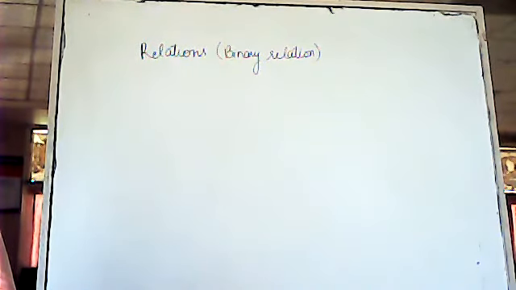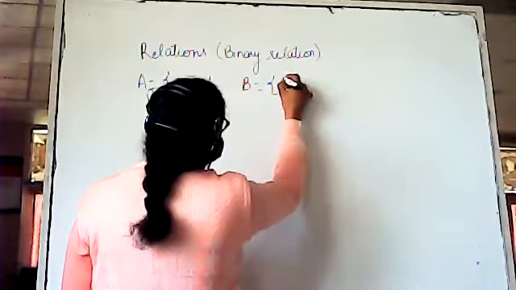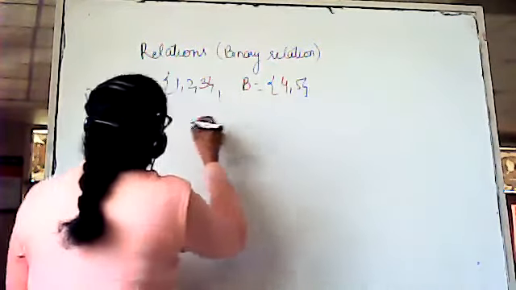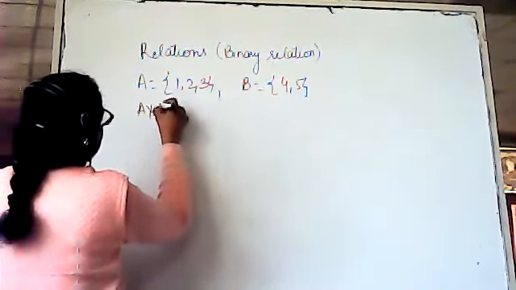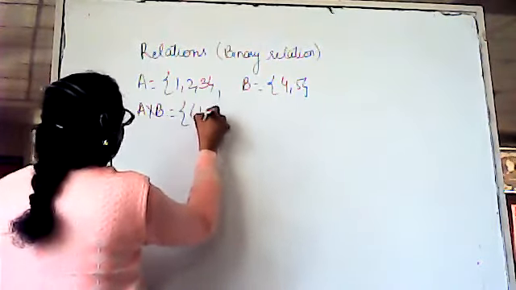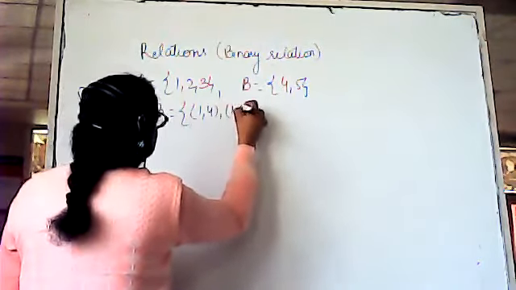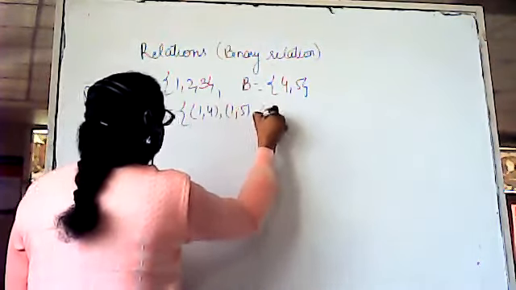For example, let us suppose we are having elements in A as 1, 2, 3 and elements in the set B as 4 and 5. Then A cross B will be (1,4), (1,5), (2,4), (2,5), (3,4) and (3,5).